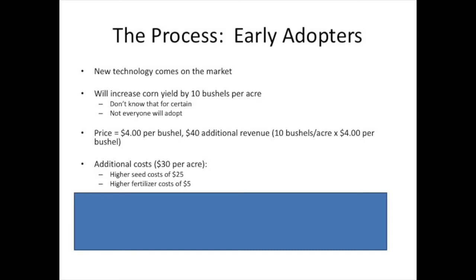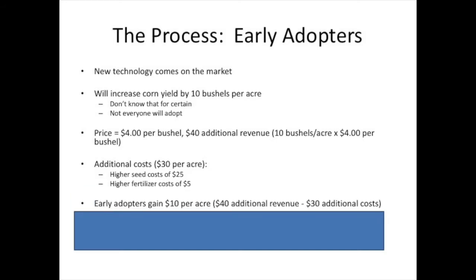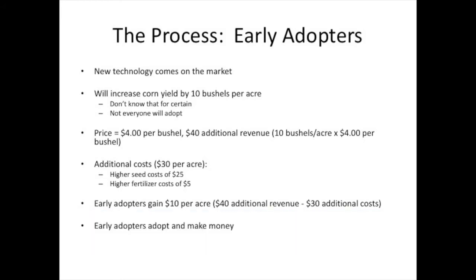And just because of the way it works, we'll have to increase fertility, so that's $5. So there's $30 of additional cost, and the early adopters gain $10 per acre. Obviously, early adopters will adopt, and they'll make $10 more per acre.